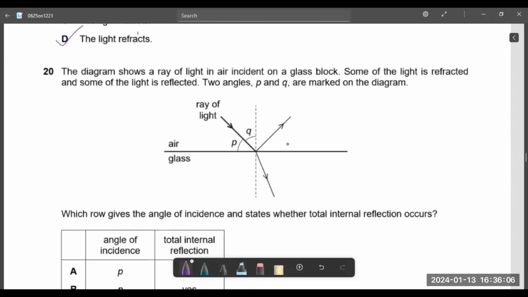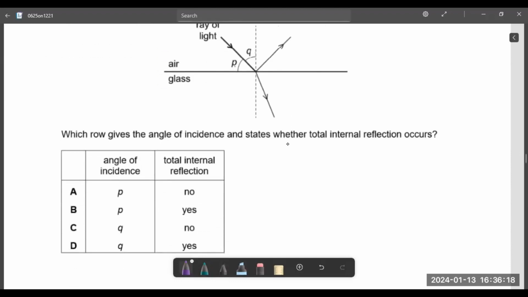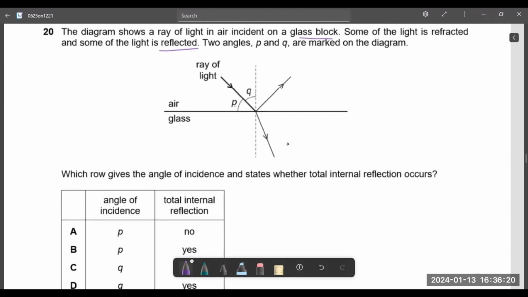The diagram shows a ray of light in air incident on a glass block. Some of the light is refracted and some are reflected. Two angles P and Q are marked. Which row gives angle of incidence and state whether it is total internal reflection. Angle of incidence means this is the normal line. So with respect to normal, what is the angle? That is Q. This is the angle of incidence.